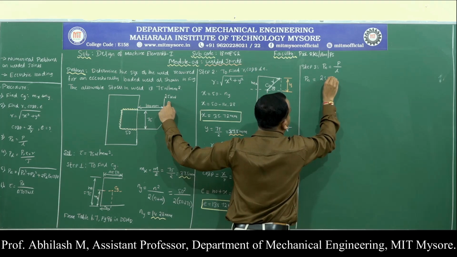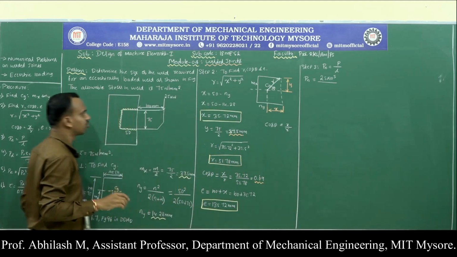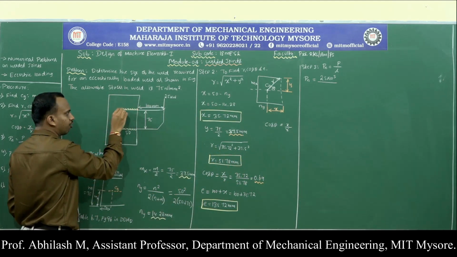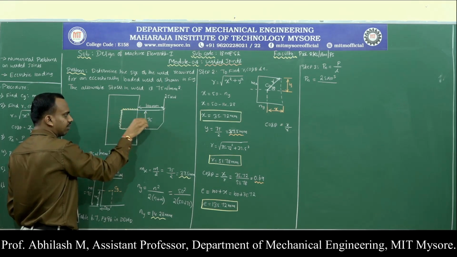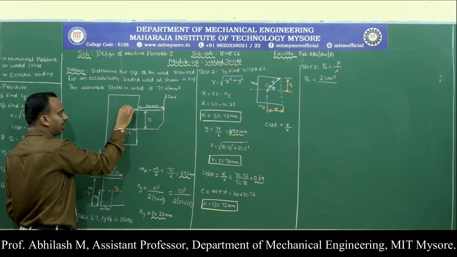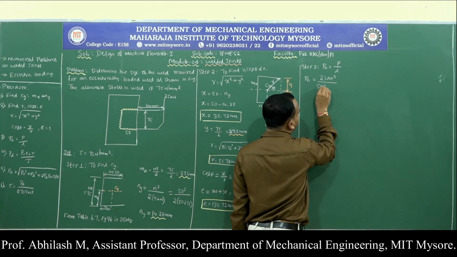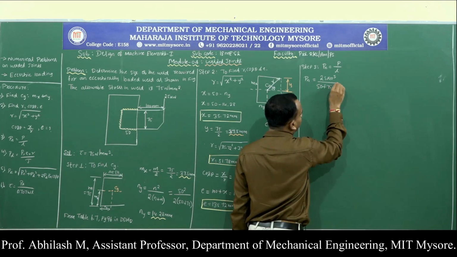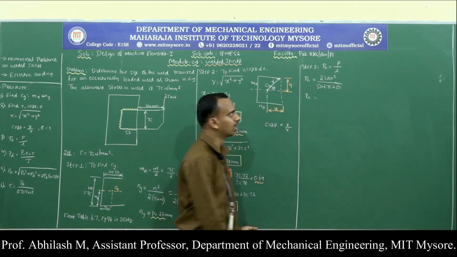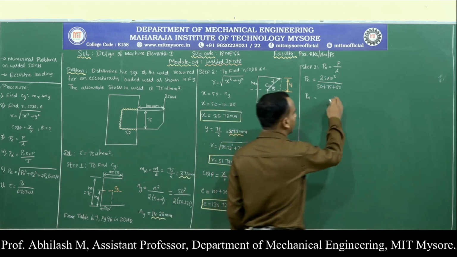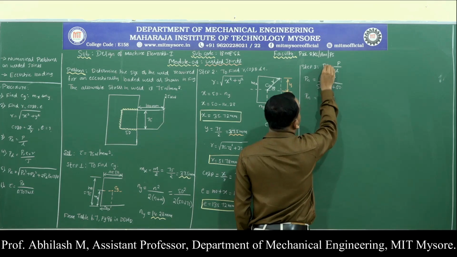So 25 into 10 to the power of 3 divided by the length of the weld, that is the total length of this particular weld. See here we have 50, we begin with the double parallel, and then we have the transverse of 75 plus 50. So the total length will be equal to 50 plus 75 plus 50, which is 175 millimeter. The direct load is denoted by PD, sorry.